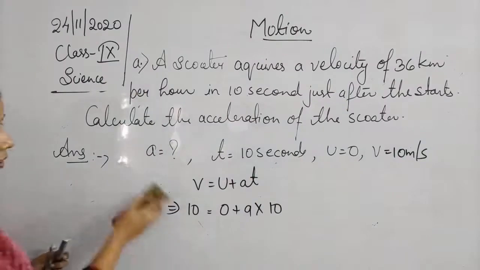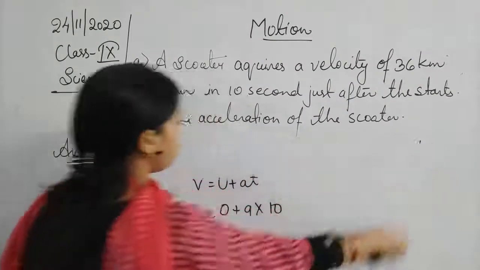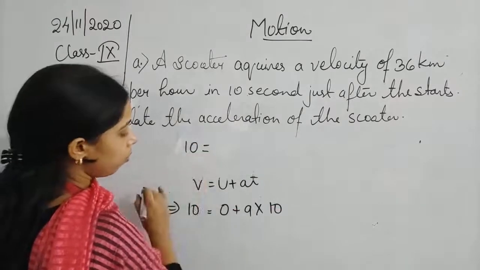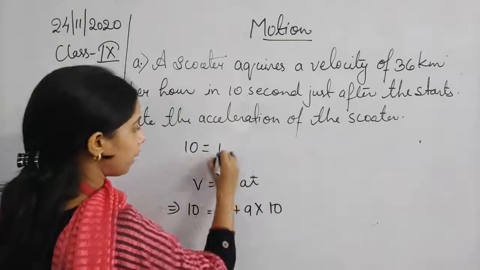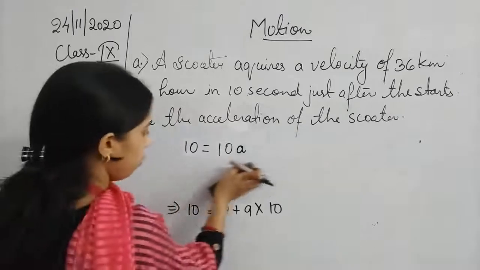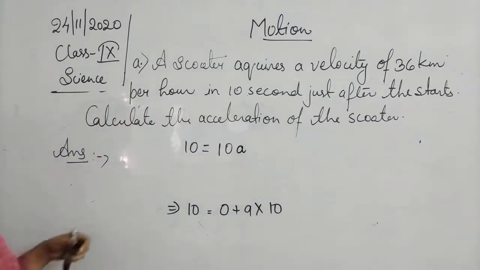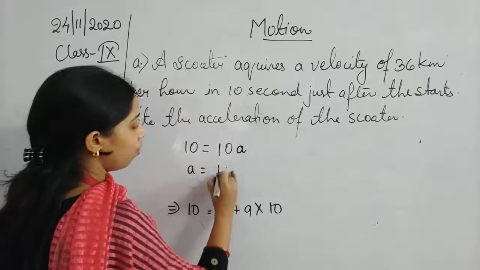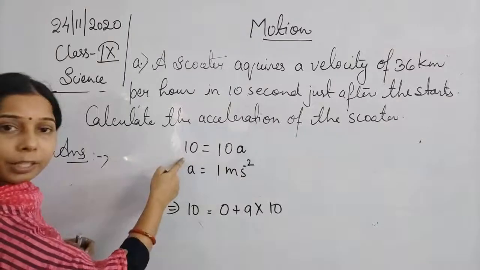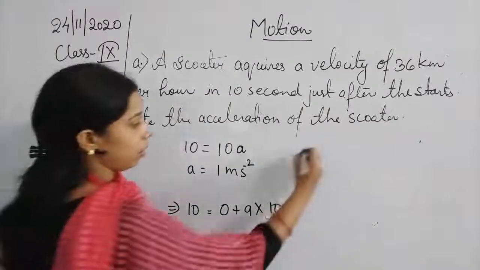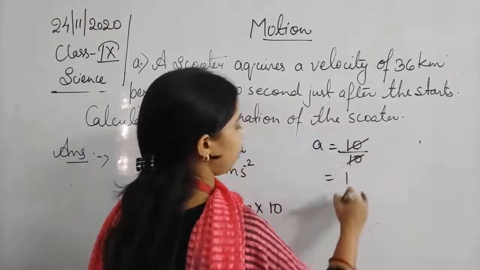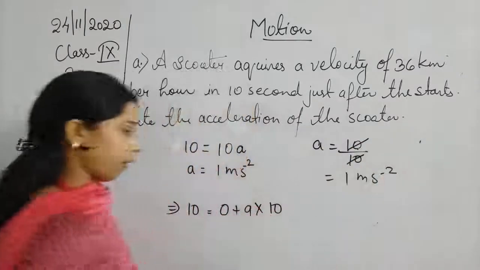Now simply you can find the value. So 10 = 0 + a × 10, that is 10a, or you can write a = 10 upon 10, so it will be 1 meter per second square.